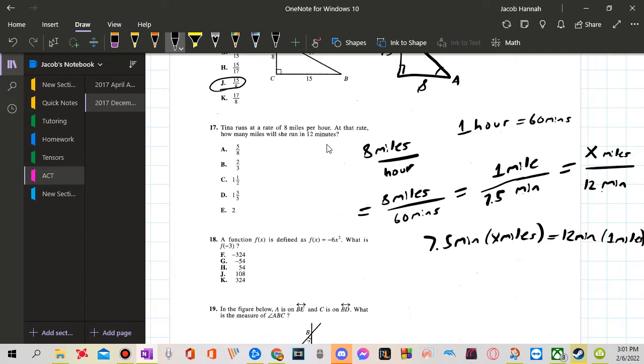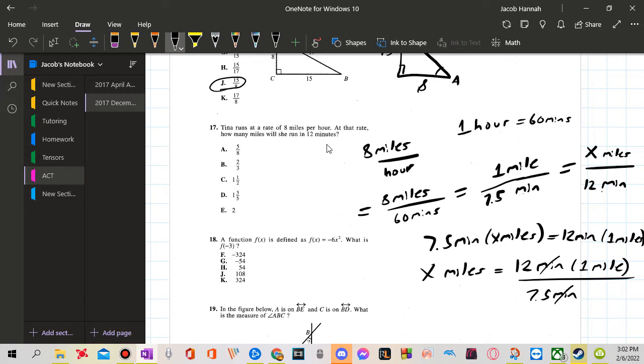So let's divide 7.5 minutes on each side. So we have x miles is equal to 12 minutes times 1 mile divided by 7.5 minutes. So we can see that these minutes cancel out. 12 divided by 7.5 is some number. Let's use the calculator for this one.